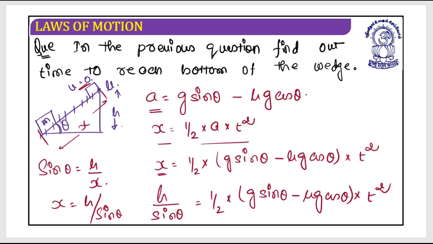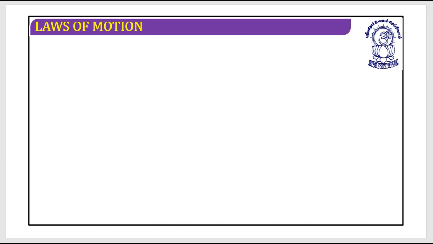Great. So let's see one more question, but this time it is without friction. A wedge is given. This is angle theta. This is block M. So the question is, find out the velocity of the block when it reaches the bottom.